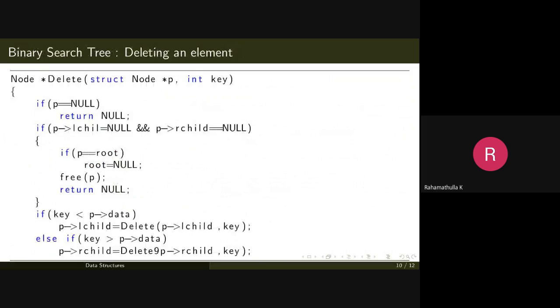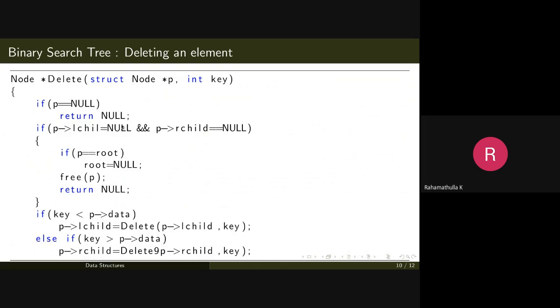So you can see the procedure for deleting an element in a binary search tree. We are passing the root pointer here. If p is null, then you can return null, as the tree itself is empty.